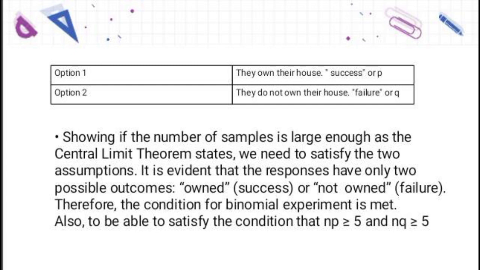If the number of samples is large enough, as the central limit theorem states, we need to satisfy two assumptions. It is evident that the responses have only two possible outcomes, owned, success, or not owned, failure. Therefore, the condition for binomial experiment is met. Also, we need to satisfy the condition that NP is greater than 5 and NQ is greater than 5.